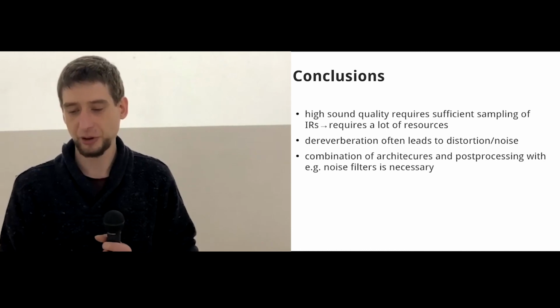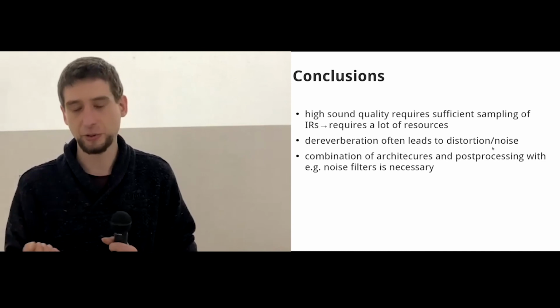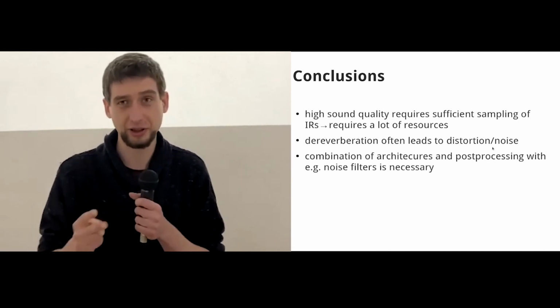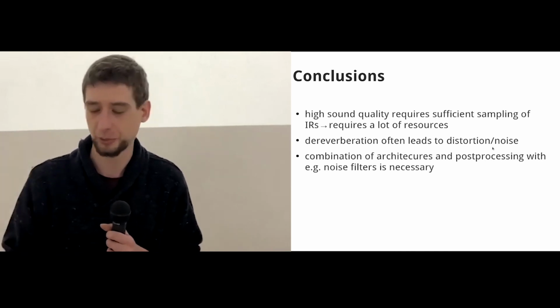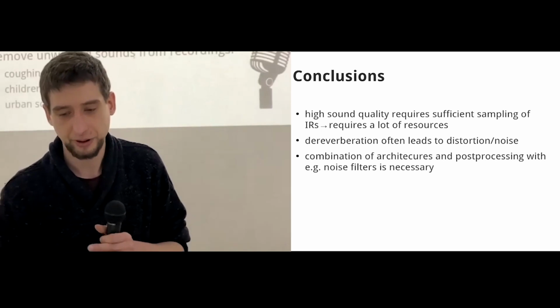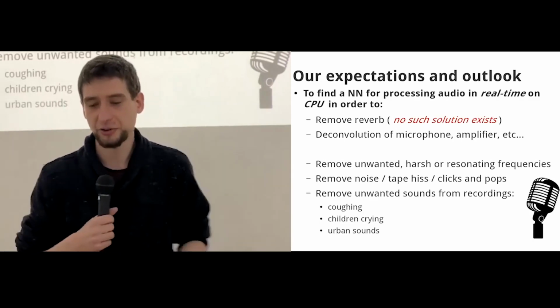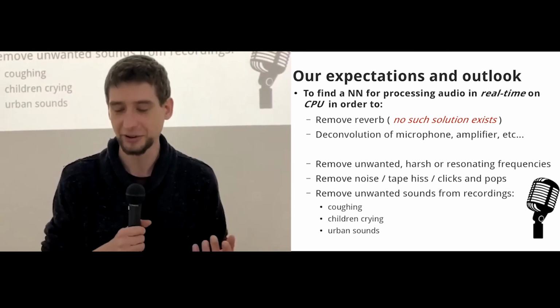The reverberation often leads to some distortions or noise, and therefore we should probably use several architectures or maybe some kind of digital signal processing filters, because there are a lot of them. And our outlook expectations for this project was actually not to remove reverb because we knew it's very, very hard.